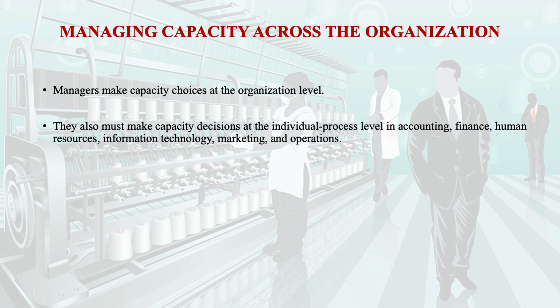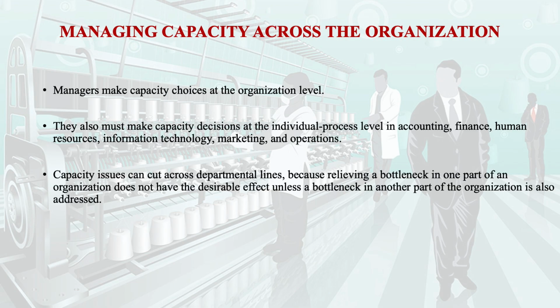They also must make the capacity decision at the individual process level in accounting, finance, human resource, information technology, marketing and operation, and with other departments also. Capacity issues can cut across the department lines because relieving a bottleneck in one part of the organization does not have the desirable effect unless a bottleneck in another part is also addressed. That means one has to be cautious while addressing the bottleneck.